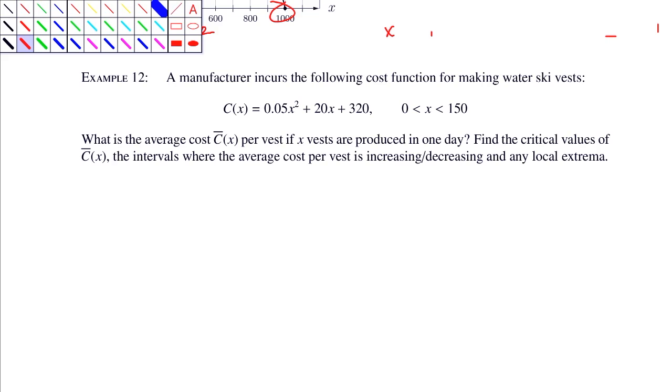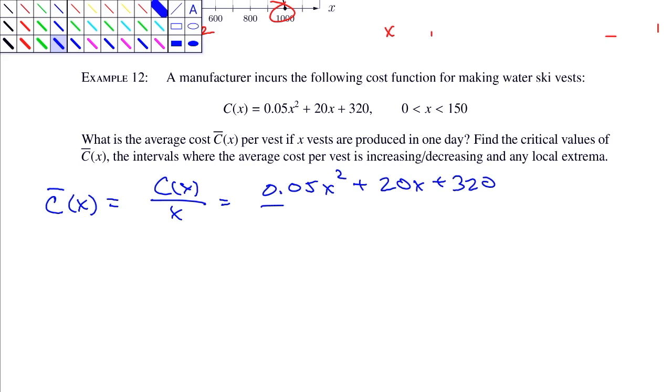Okay, we got it? Let's take a look. C bar of x is equal to C of x over x, so that should be 0.05x squared plus 20x plus 320 over x. You can reduce this if you want, or, because you're going to have to take the derivative, you can use the quotient rule later.